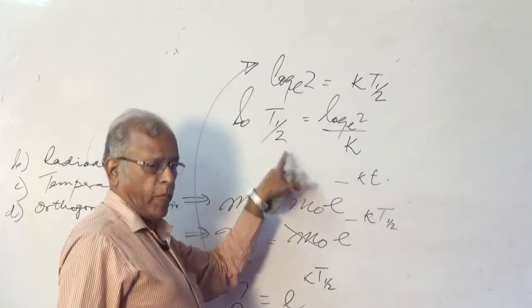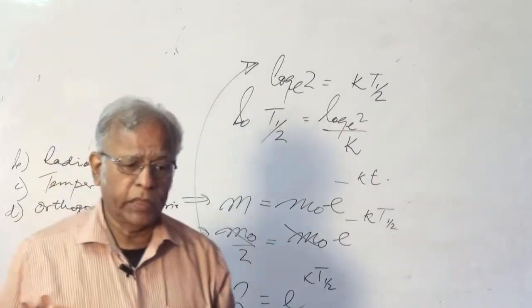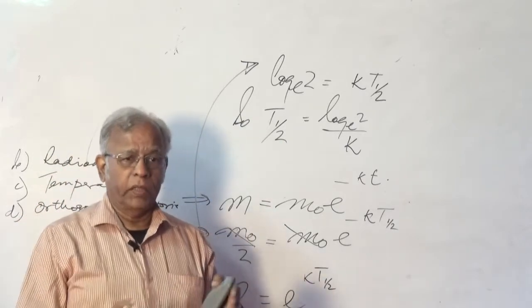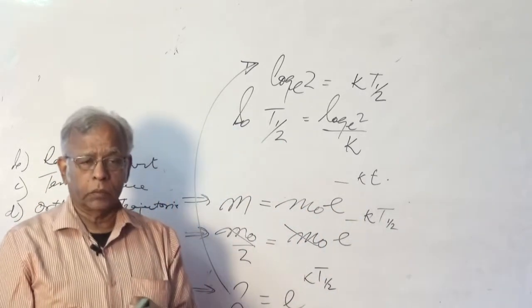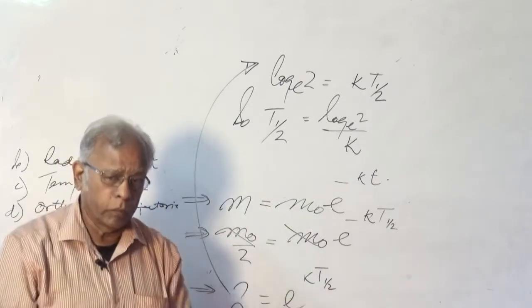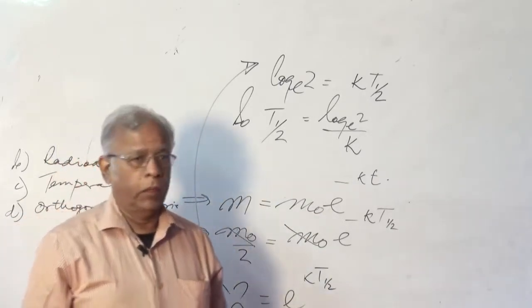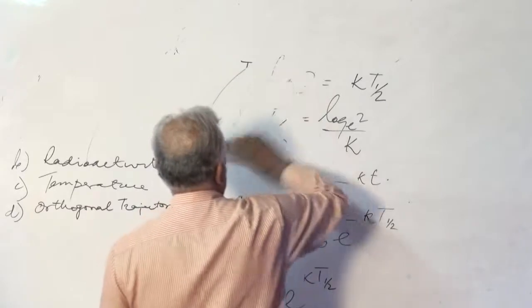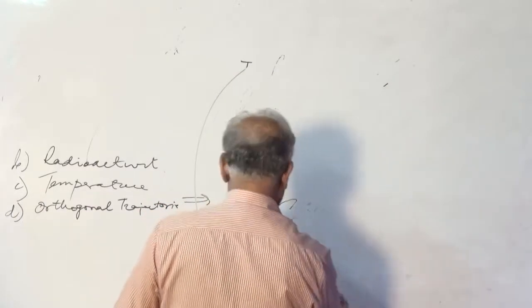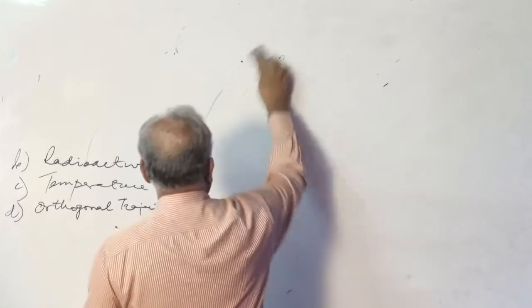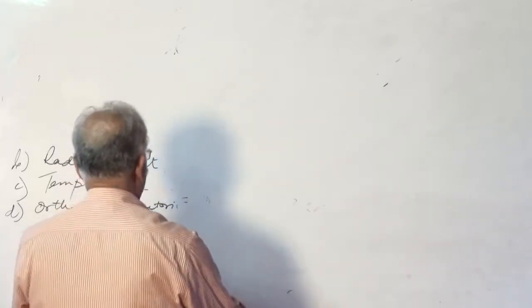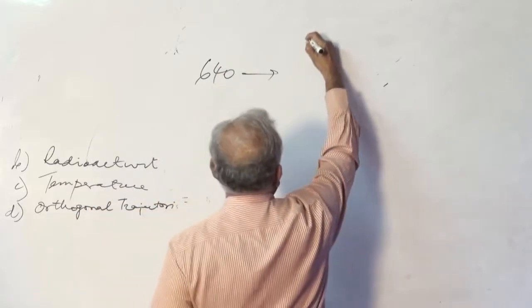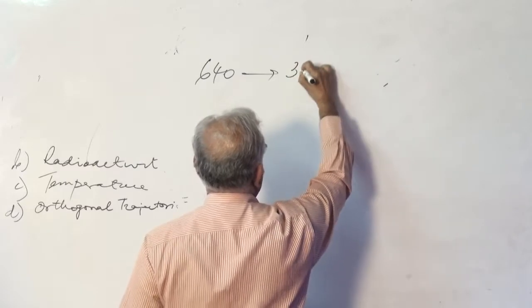That is the half-life. One important thing about half-life is that supposing we take two half-lives. In the first half-life, m0 becomes m0 by 2. In the second half-life, m0 by 2 will become m0 by 4. So, if we have a very simple problem, if, for example, we take 640 grams of any material, after one half-life it will become 320.